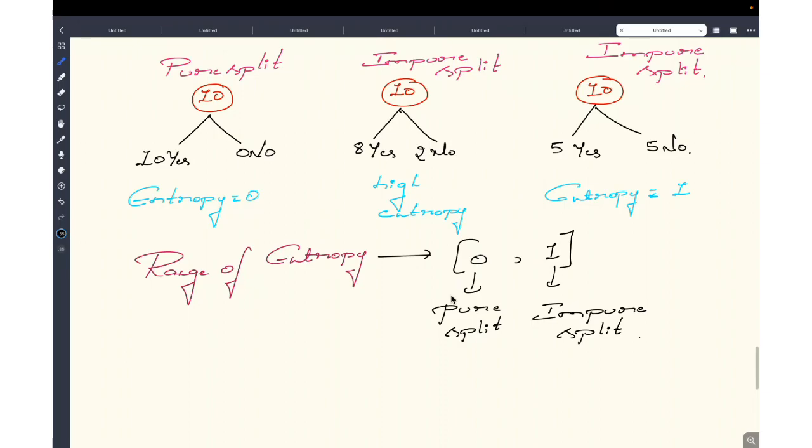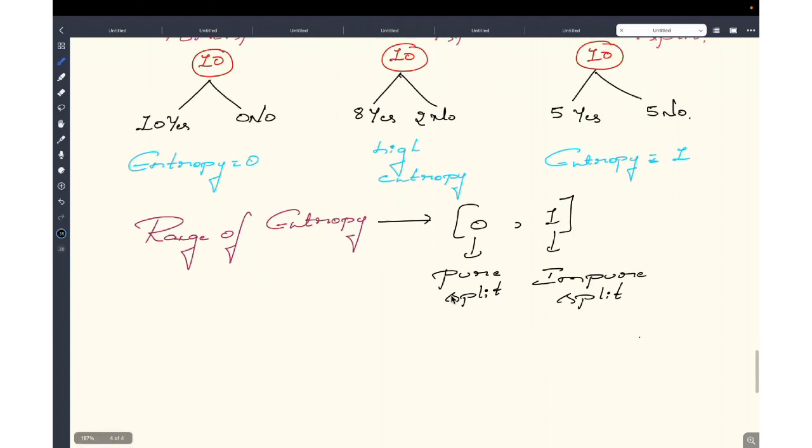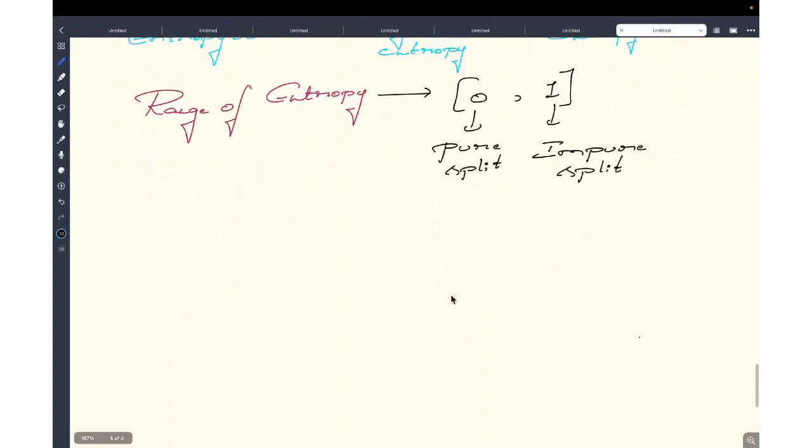As of now, just remember this. Let me give definitions for pure split and impure split. A pure split means there will be only one class.